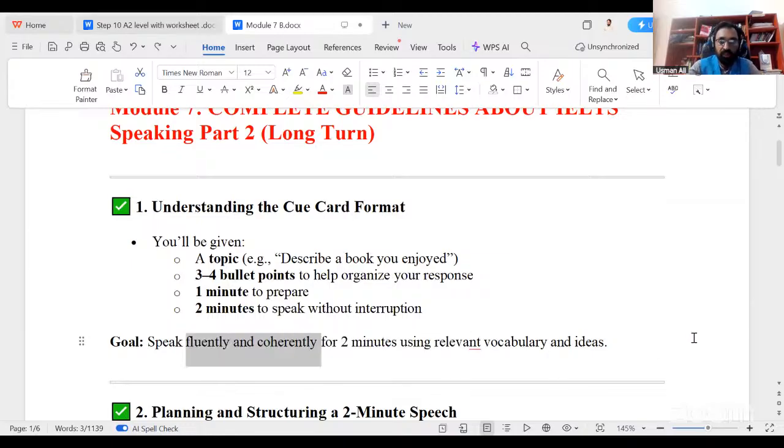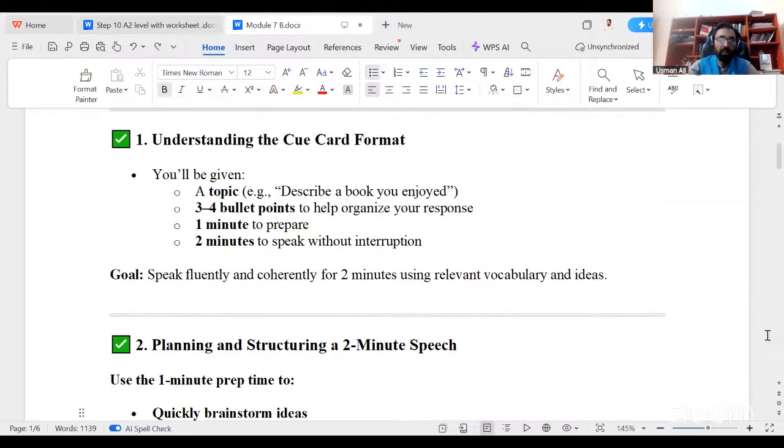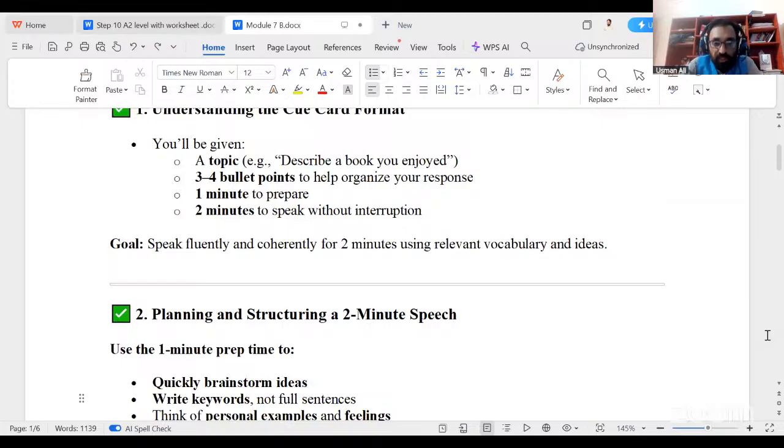You will talk for 2 minutes. Now, how to plan and structure a 2 minute speech. This is a very good idea, and very beneficial for you guys.